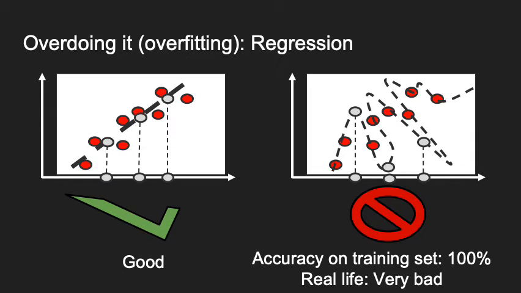You present it with the gray points here, and they almost fit the line. It's perfect, so you get good results: the right value for x is associated to the right value for y. And this is an example of overfitting. So overfitting is the network basically overdoing it. You can see the difference between the second cartoon and the first one is that the dashed line goes through every one of these red points.